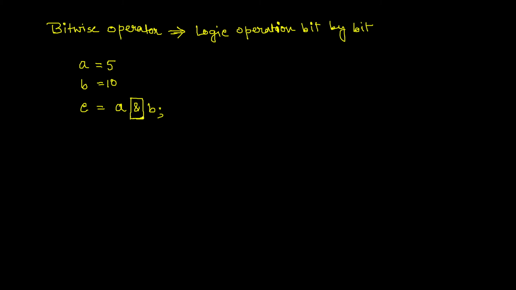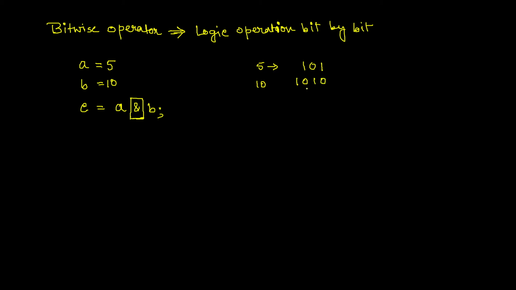Bit by bit means just think of a not as 5, but as a binary string. The binary string of 5 is 1 0 1, or in 4 bits 0 1 0 1, this is 5, right? And what is the binary of 10? That is 1 0 1 0.